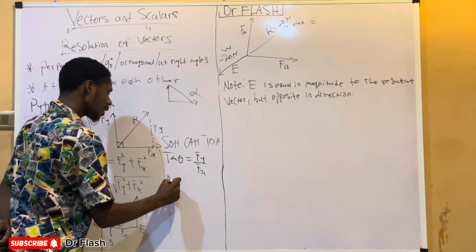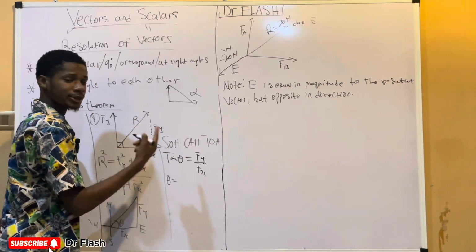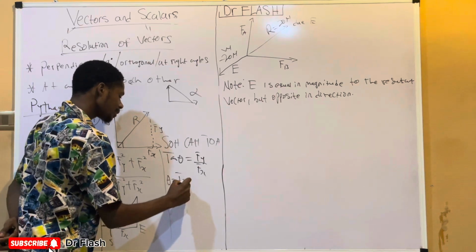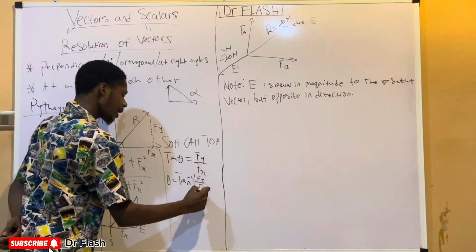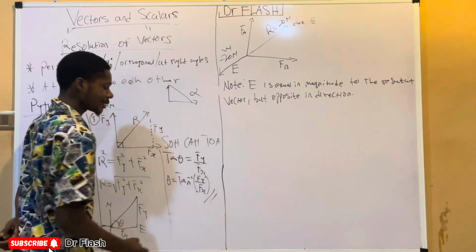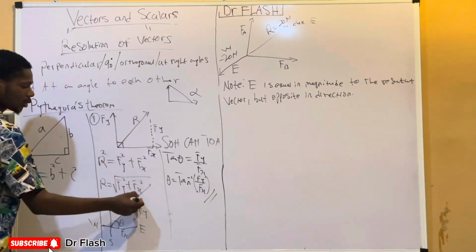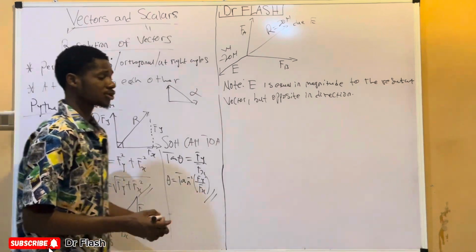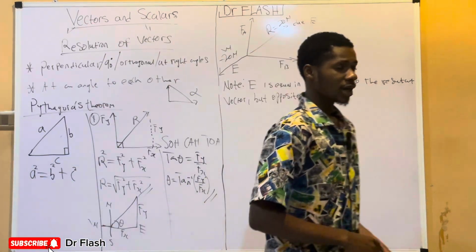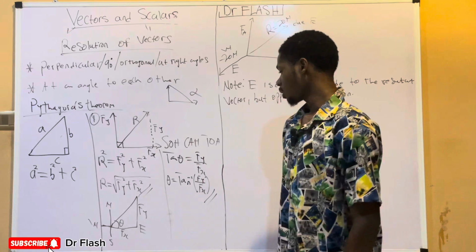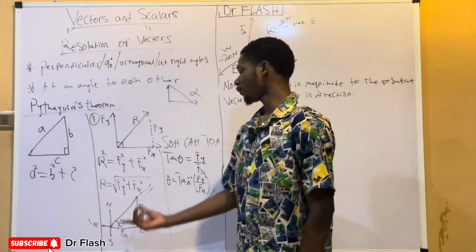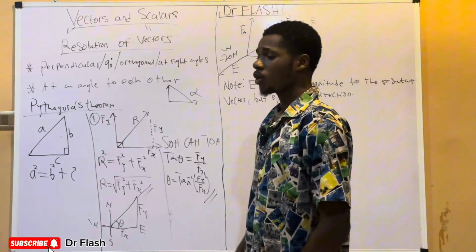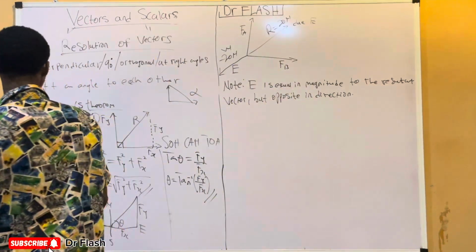So we have theta equal to tan inverse of f of y divided by f of x. That is how we find the direction, and this is how we find the resultant for vectors that are perpendicular. Take note, it is an easy thing to do. Here is how we find the direction using this formula, and here is how we find the magnitude. We're definitely going to solve exercises and problems on it.